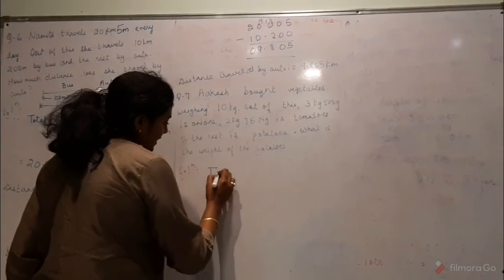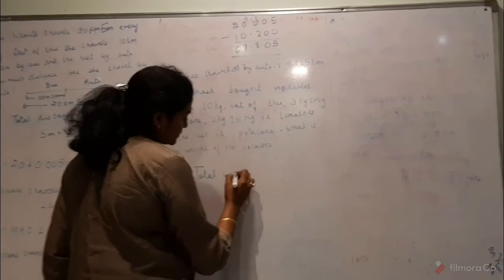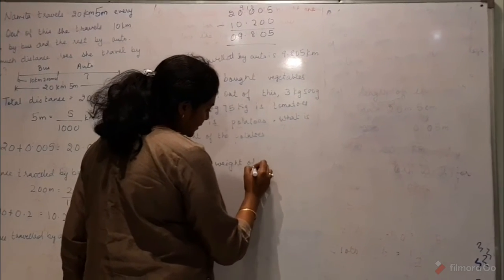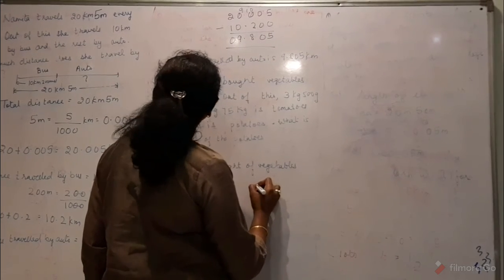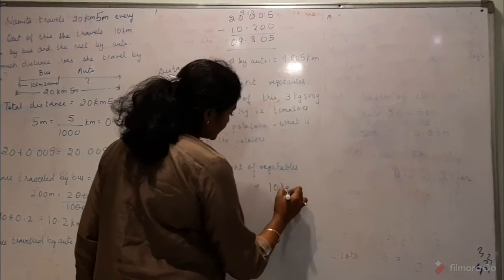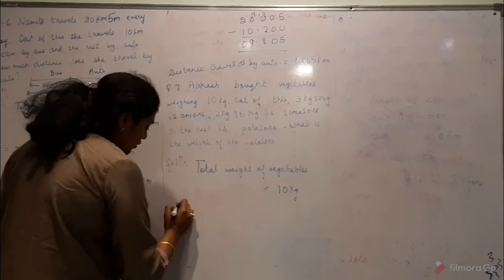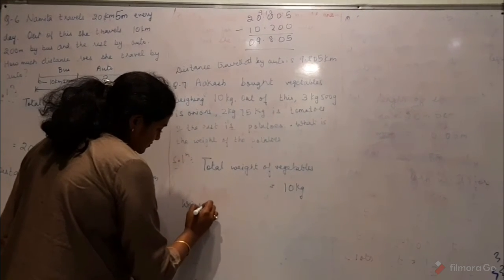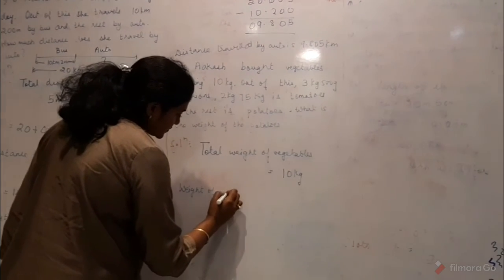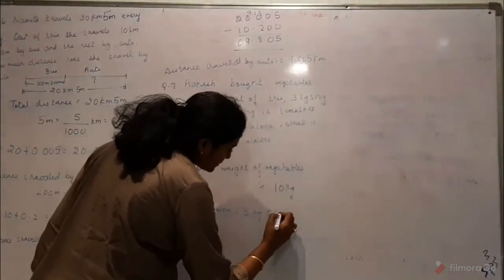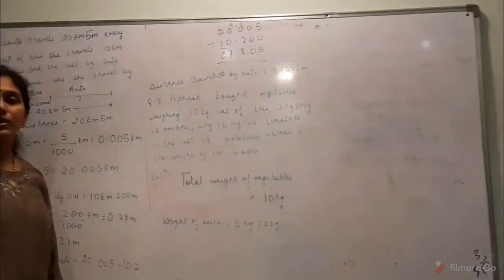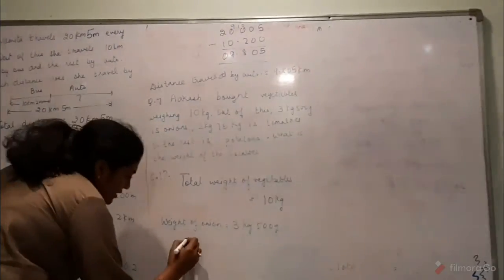So I will first write total weight of vegetables, that is equal to 10 kg. Now weight of onion, so that is 3 kg 500 gram. So gram I will convert into kg, divide by 1000.